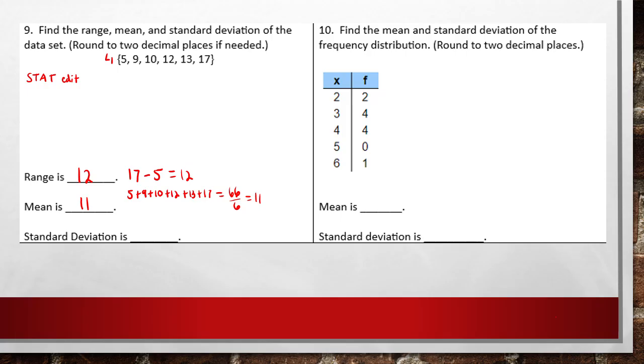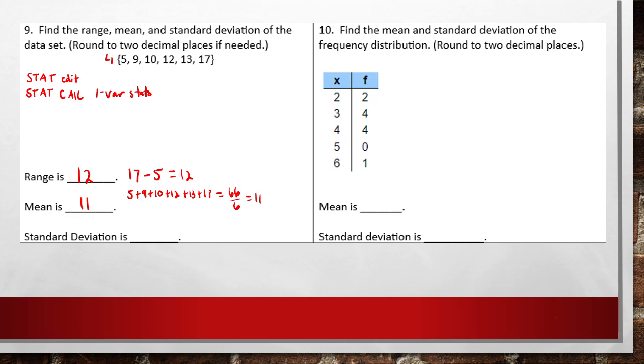After you have those numbers entered on your graphing calculator, you're going to go back to Stat. You're going to press Calculate, and then you're going to choose 1-Var Stats, which stands for one variable stats. Make sure that it has L1 in there as your data. When you do 1-Var Stats for your list 1, L1, it's going to give you your standard deviation.